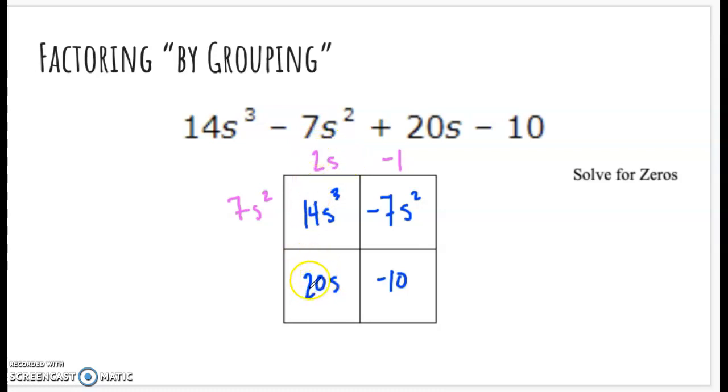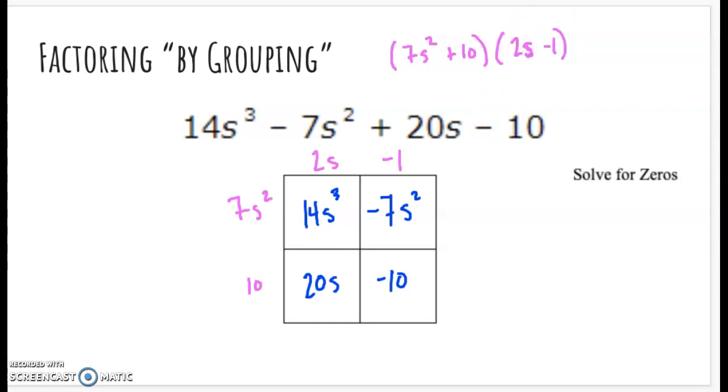I want to think, what's that going to multiply to make 20s? Probably 10. And then 10 times negative 1, well, that worked also. So that would mean that my factored form would be 7s squared plus 10 times 2s minus 1.